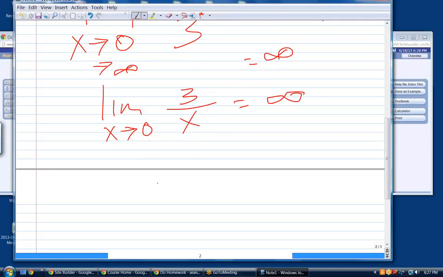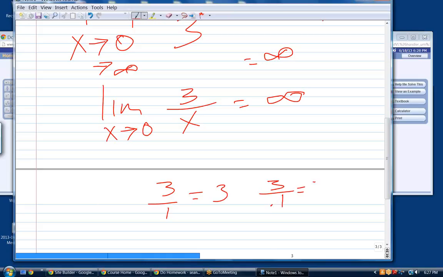Notice what happens if I have 3 divided by 1, that's equal to 3. But if I have 3 divided by 1/10, that's equal to 30. And if I have 3 divided by 1/100th, that's equal to 300. So all I have to do to make this a bigger number is to make this smaller.